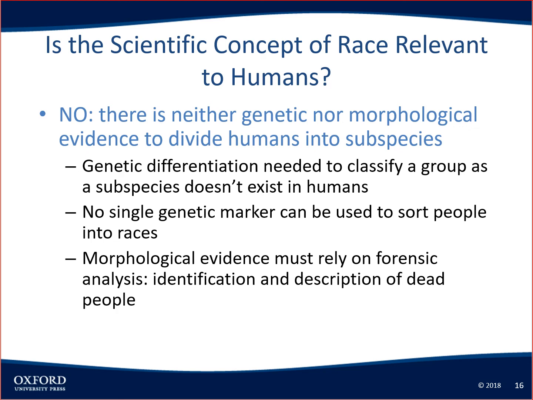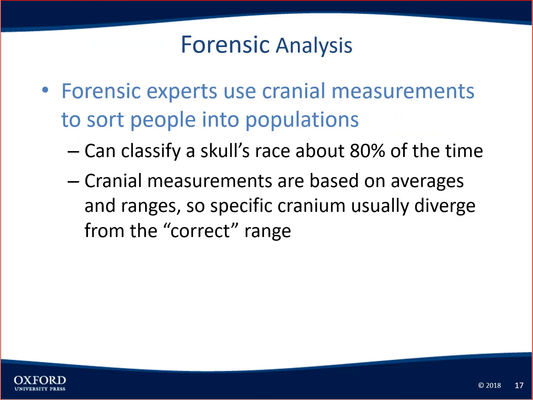Morphological evidence must rely on forensic analysis, or the identification and description of dead people. Forensic experts use cranial measurements to sort people into populations. We can classify a skull's race about 80% of the time.